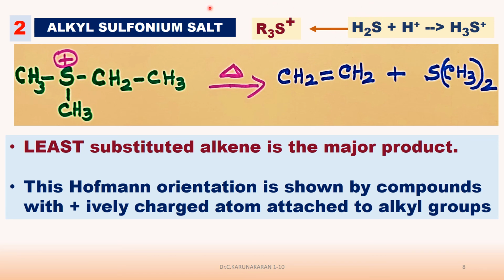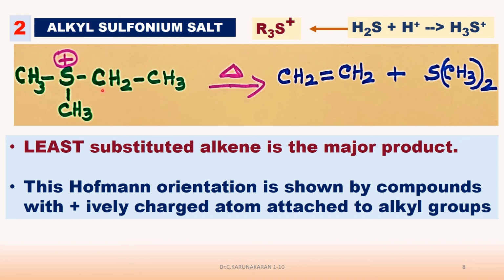See, in quaternary ammonium salt, ammonia reacts with 4 moles of alkyl halide. In this case, alkyl sulfonium salt is produced by reacting H2S with 3 moles of alkyl halide. For example, this is an alkyl sulfonium salt.